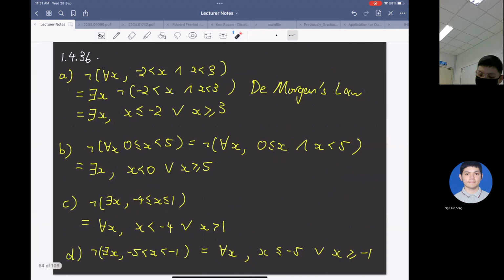Okay, maybe see whether they are true or false. I think this one is more interesting. So A is true or false? I haven't done it yet actually, so we should do it. True. So what's the number that is less than or equal to 2?